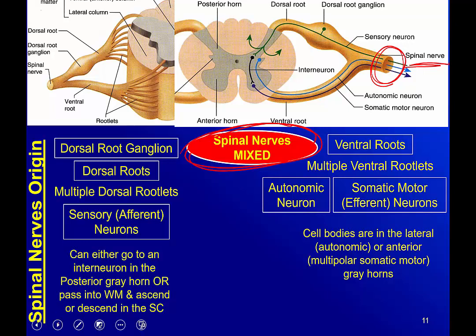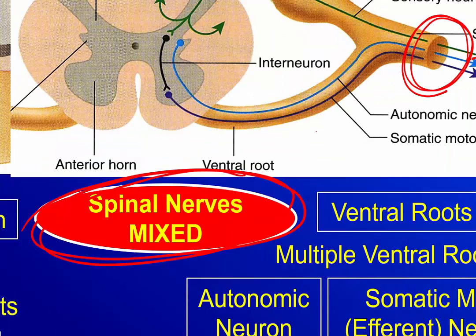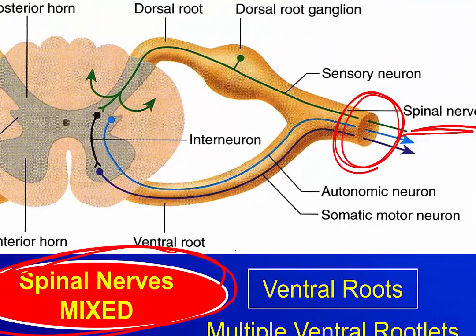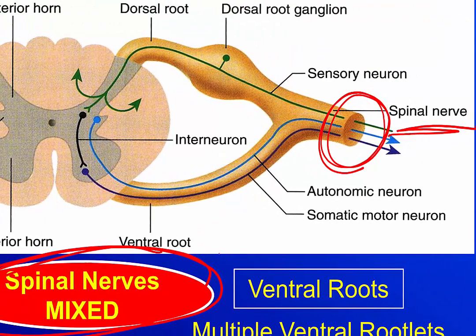So if you look at the example that we have here, you'll notice that I've got the sensory neuron, right? Sensory neurons carry information in. I stub my toe, that needs to go to my brain. That dorsal root only carries sensory information. So that dorsal root is incoming information.